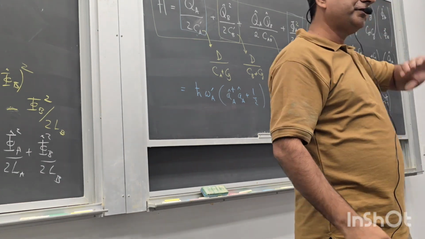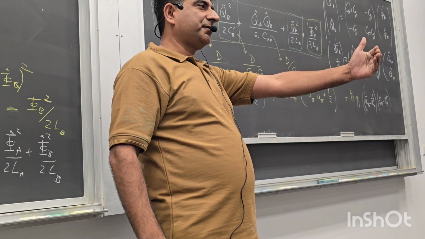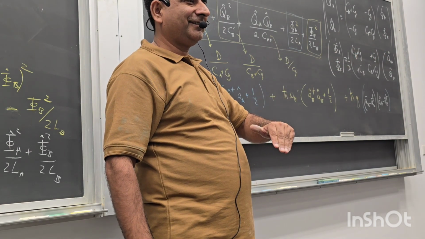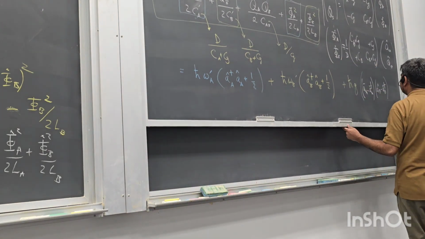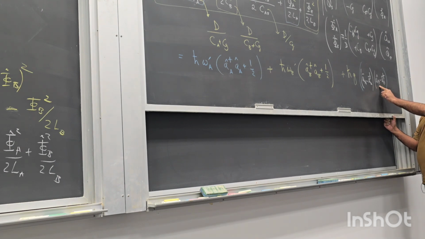Yes. Can I go to the interaction frame, then to the rotating wave approximation, and come back to the Schrodinger frame? If I were to do that, a would couple just with b dagger, and a dagger would couple with b.